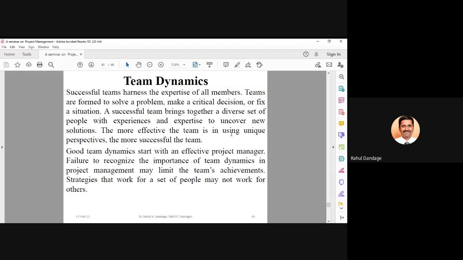So people should understand that every person has different behavior, different expertise, and different experiences.